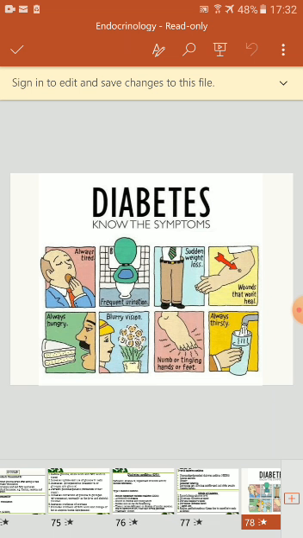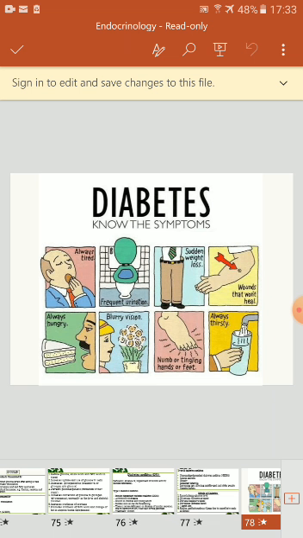In the picture shown here, there are some symptoms. A person having diabetes is always tired, has frequent urination, always urges for urination, there would be sudden weight loss, and there might be a wound that won't heal, the person is always hungry, there might be blurry vision, and there would be numbness or tingling of hands and feet, and the person is always thirsty.